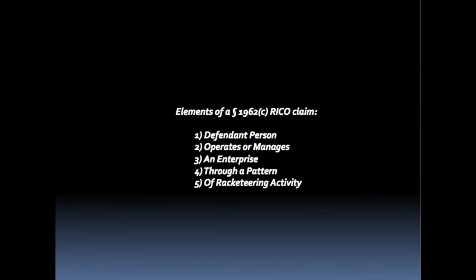And the enterprise is the second element of a RICO claim. Third element is that the defendant person has to operate and manage the enterprise. And finally, the defendant must operate and manage the enterprise through a pattern of racketeering activity.